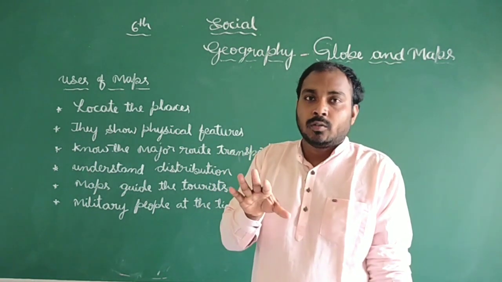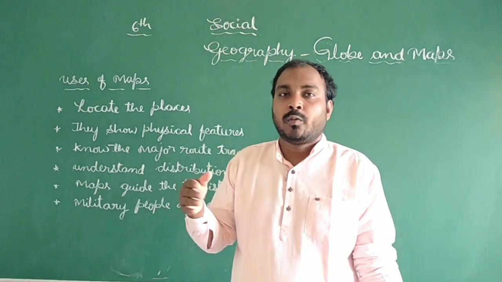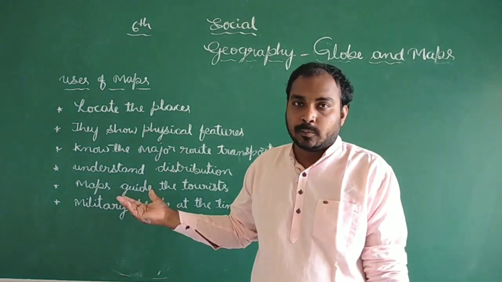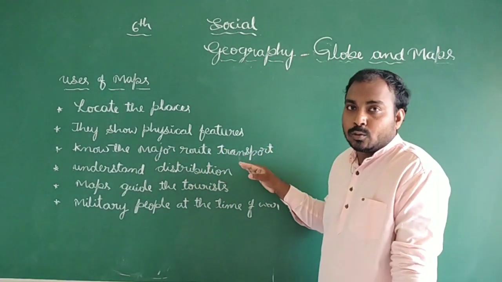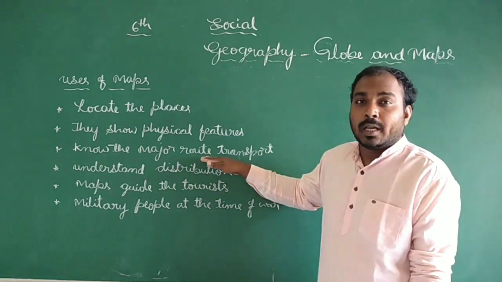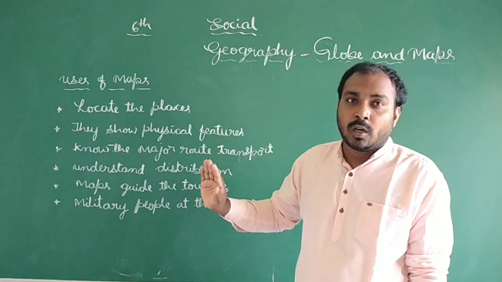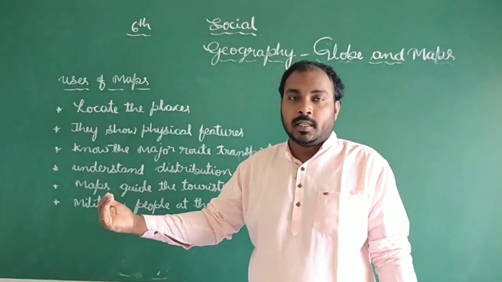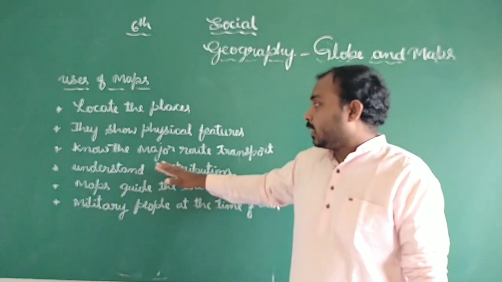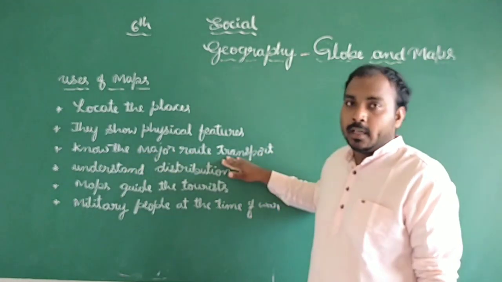If we do not know where the place is, you will definitely go with the maps. So maps help us to show the routes, whether it is land transport, water transport, or train transport. This is one of the main uses of the map.